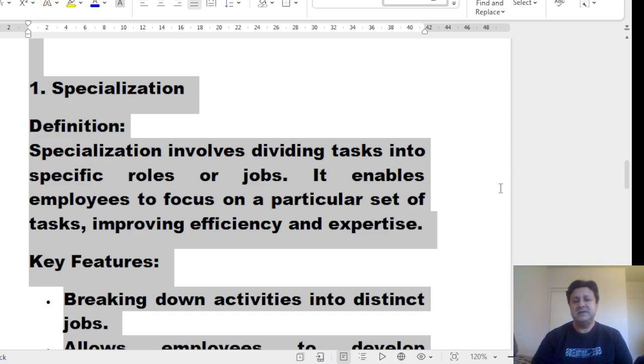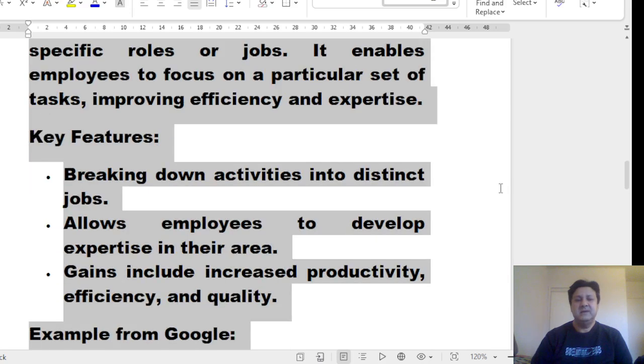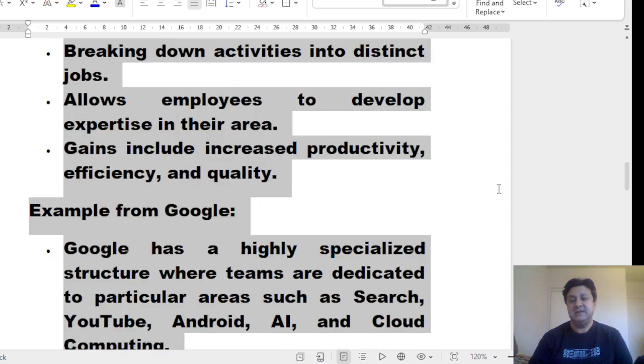It enables employees to focus on a particular set of tasks, improving efficiency and expertise. Key features are breaking down activities into distinct jobs, which allows employees to develop expertise in their areas. Gains include increased productivity, efficiency, and quality.